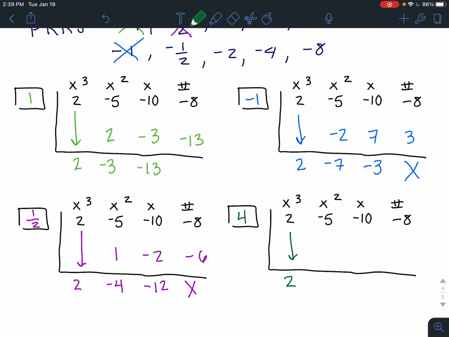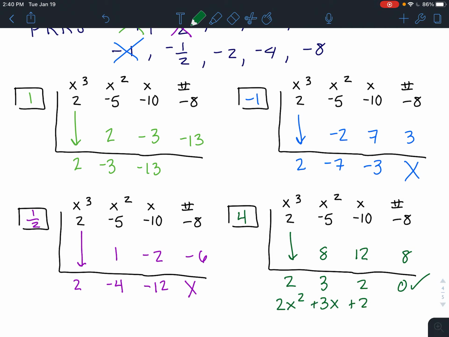So we're going to drop 2, multiply to 8, that's going to give me 3, multiply to 12, add to get 2, multiply to get positive, woohoo, it works. So we're left with 2x squared plus 3x plus 2 here.